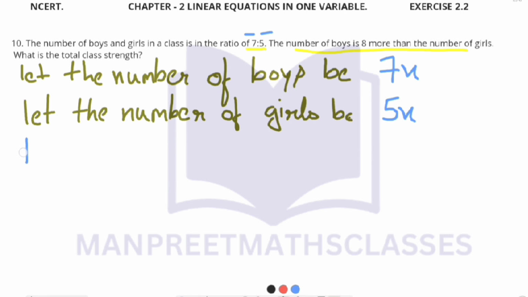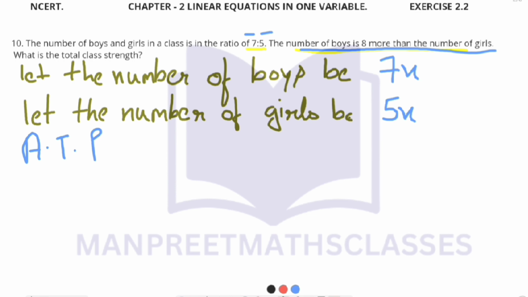Now according to the question, what is the condition given? They are saying the number of boys is 8 more than the number of girls. That is, the relation between boys and girls is given in such a manner that the number of boys depends on the number of girls.